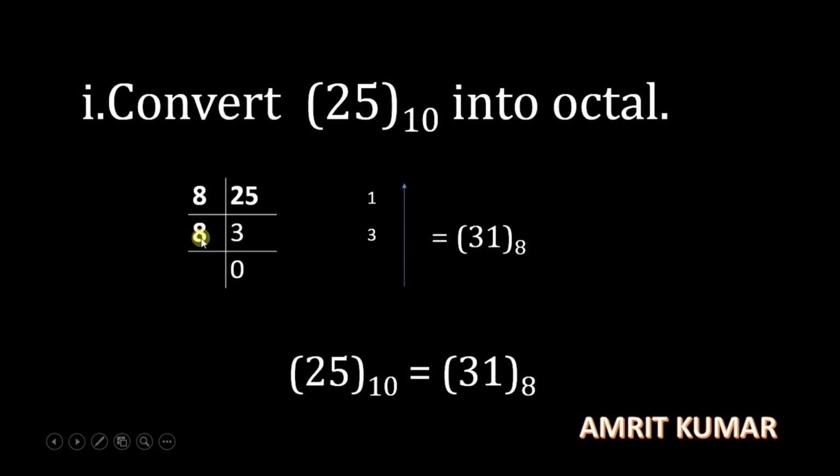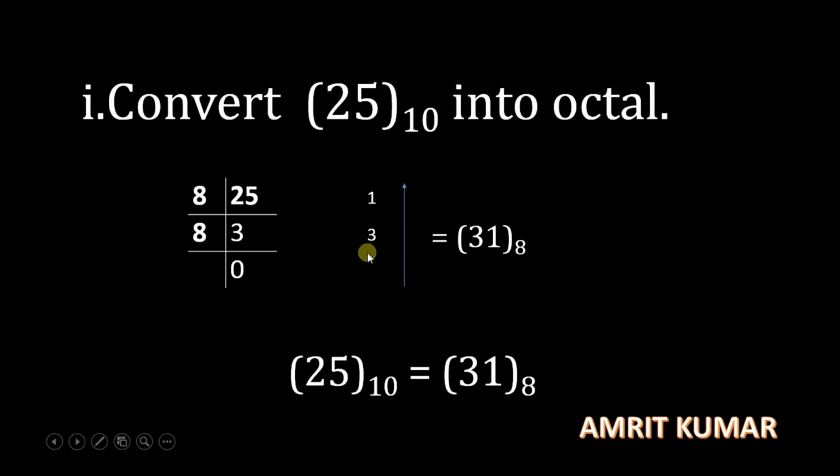After that, we divide 3 by 8. We are not able to divide it, therefore we get 3 as the remainder here. After getting the remainders, we have to follow the bottom to top approach.